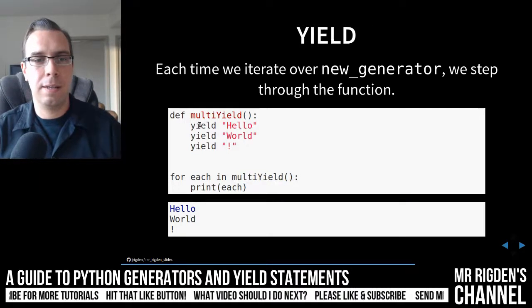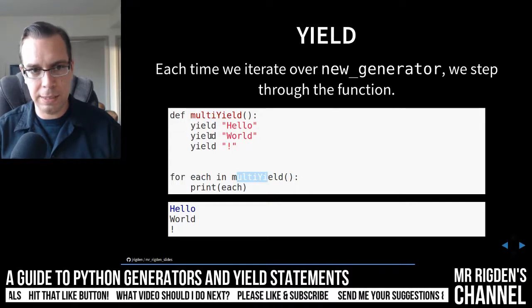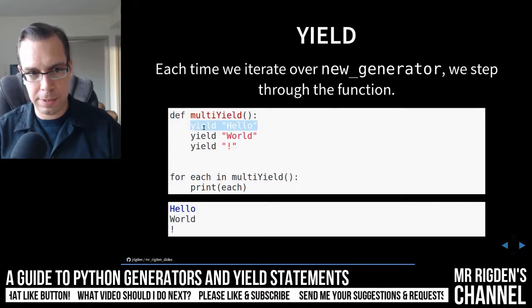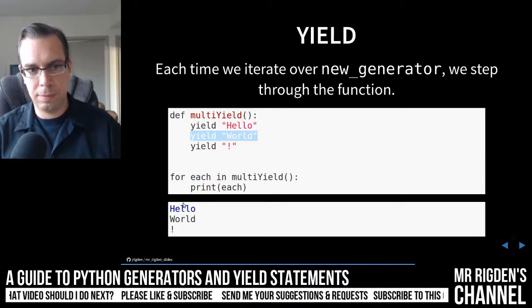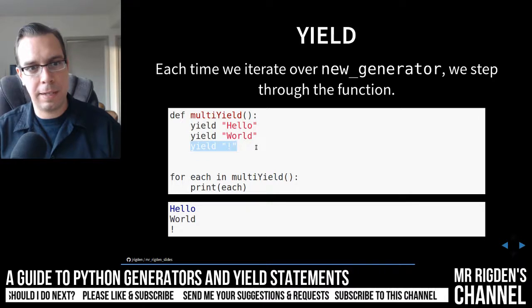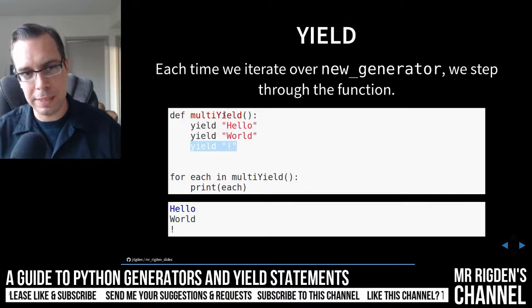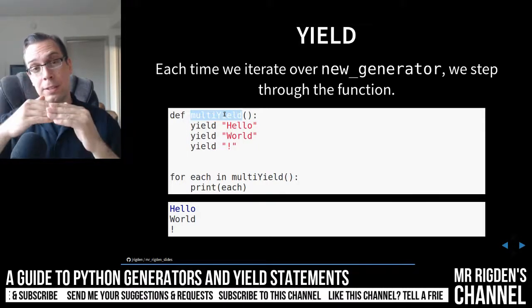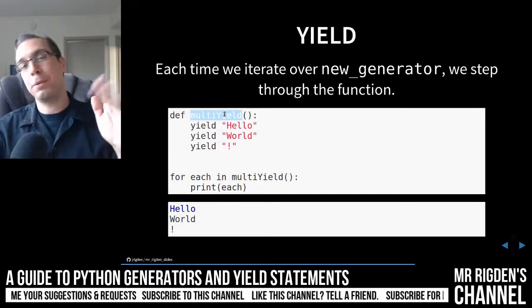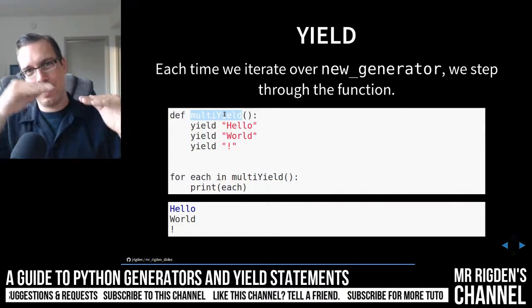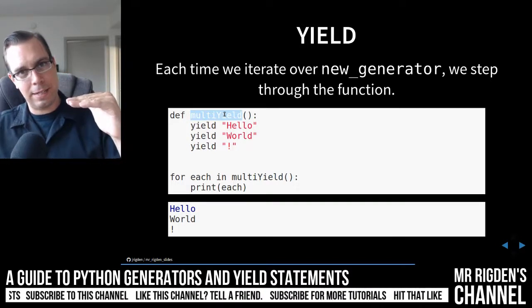All right. So here we go. Each time, the first time we run through multi-yield, it's going to say hello. So there's yield hello, and it gets printed out. The next time, yield world, prints out world. The next time, an extra exclamation point. So this multi-yield function essentially starts and pauses, then resumes, and pauses, and then resumes again.